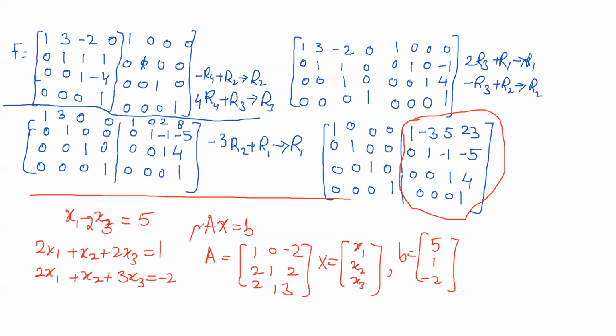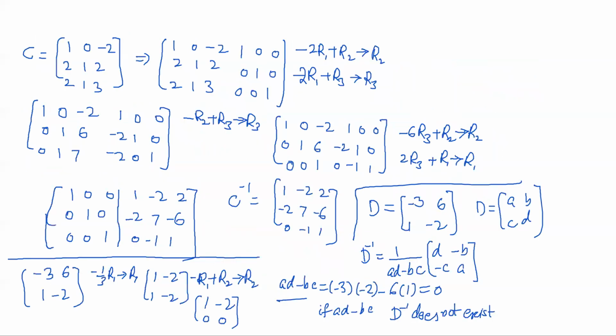When Ax is equal to B, then we can also say that x is equal to A inverse B. So if we have A, we can find A inverse and then multiply it with B, and we can find the solution. This is the same matrix which we did before: 1, 0, minus 2, 2, 1, 2, 2, 1, 3.